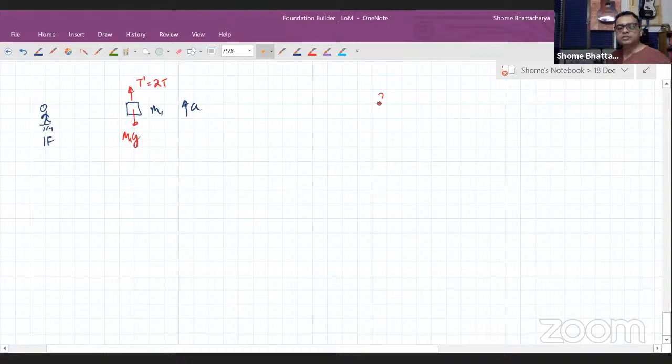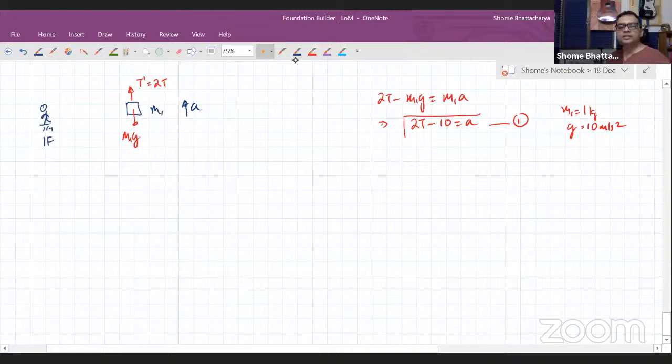So we have the equation 2T minus M1G is equal to M1A, or 2T minus 10 is equal to A, because M1 was 1 kg and G I'm taking as 10 meters per second squared. So that's my equation 1.